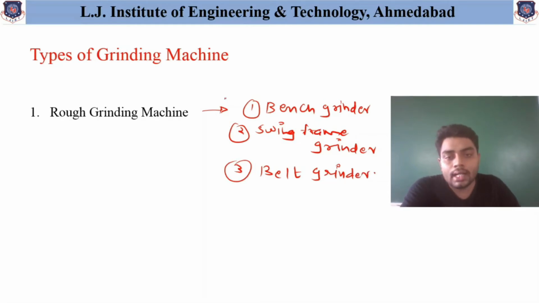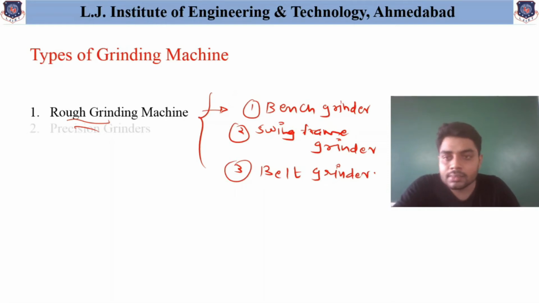And these are all rough grinding machines because at the end of the machining process, the surface obtained on the workpiece is comparatively rough, as the particles are larger in size.